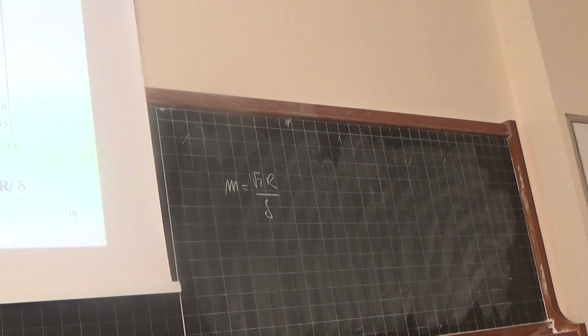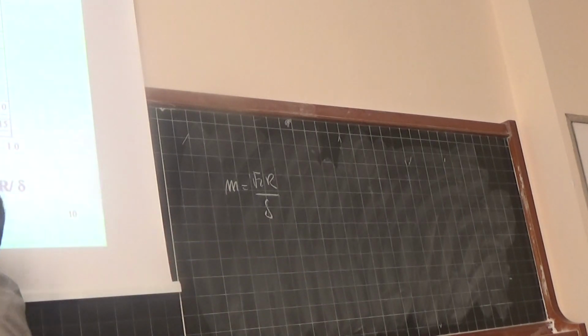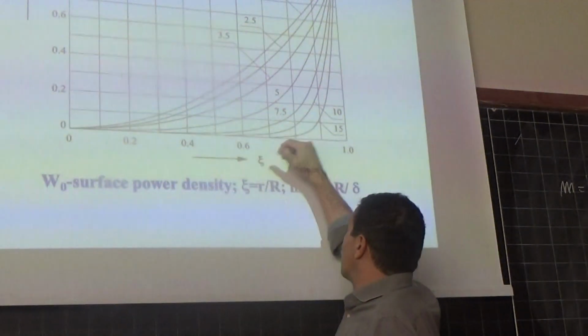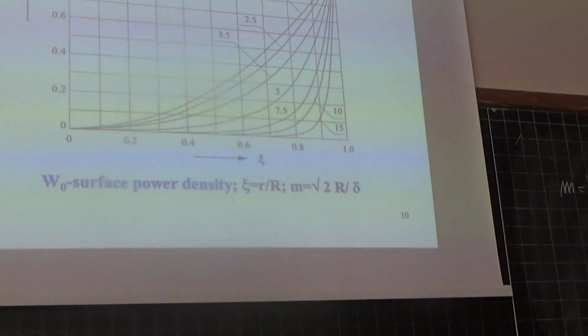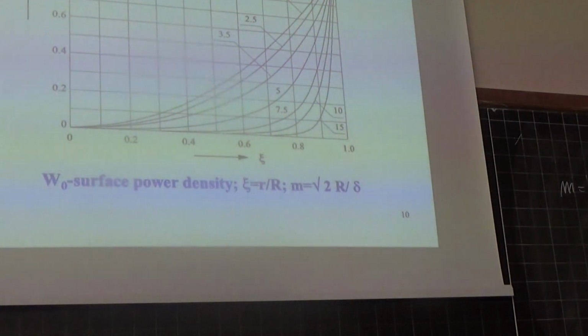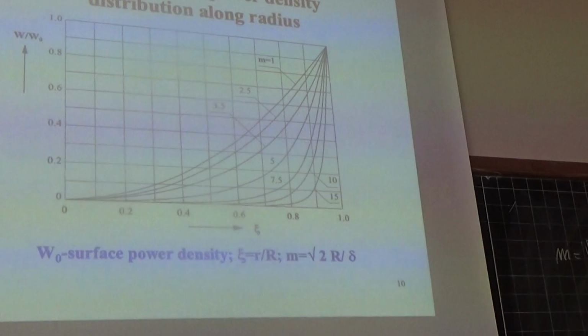So we expect in any case, both for M equal to 1, 2, etc. and for M equal to 10, 15, a power density distribution which is not uniform. So we expect a non-uniform distribution of temperature, and we realize that it's true. By the diagram that I showed you before, you can realize that the behavior of temperature distribution is uneven.